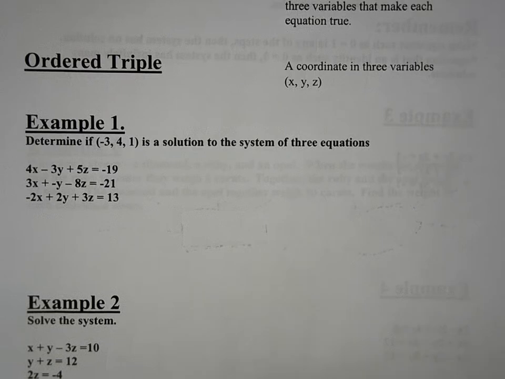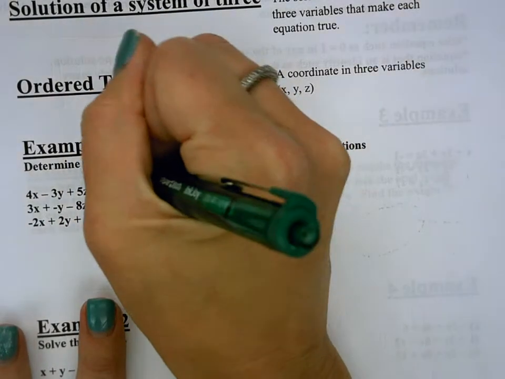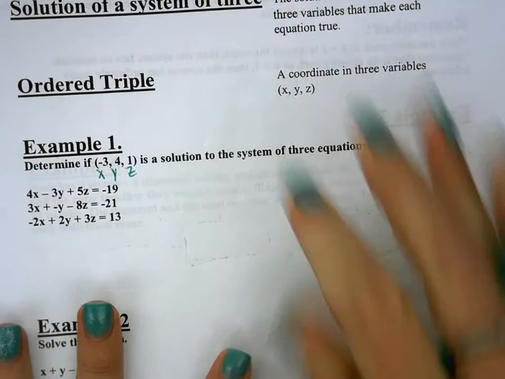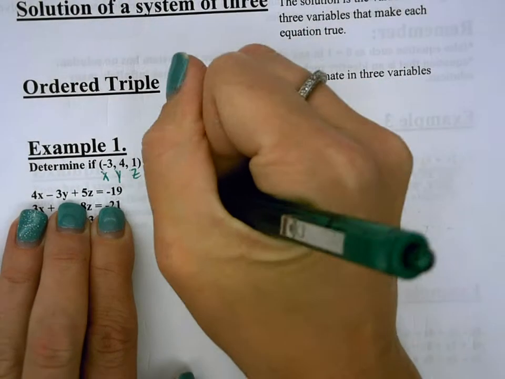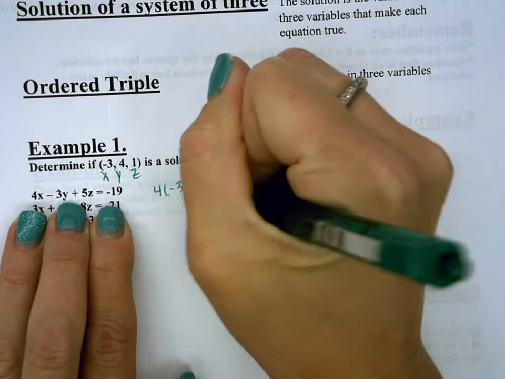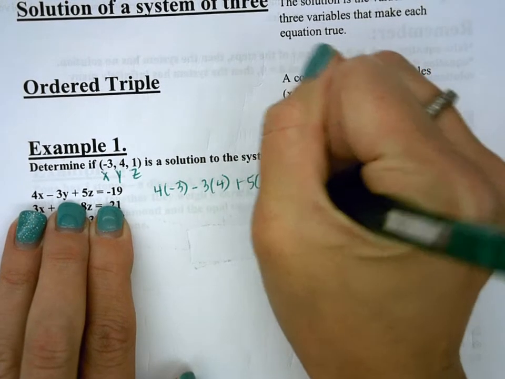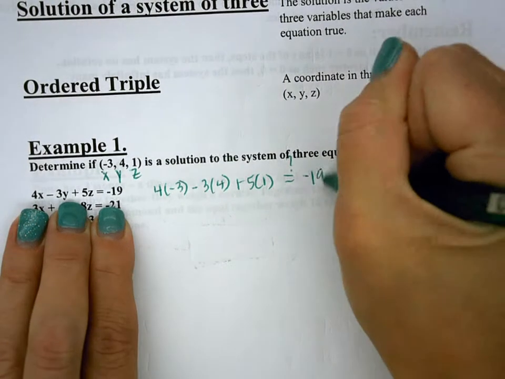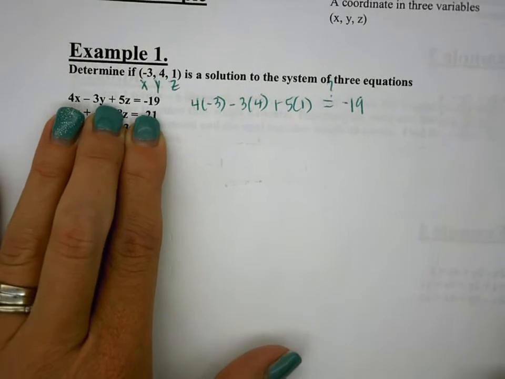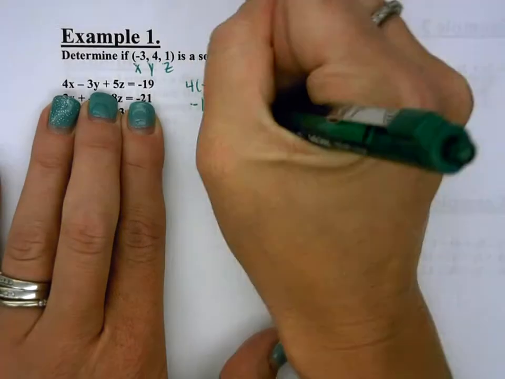The answer is actually false. Okay, so let's check this out. Again, like I told you, it goes X, Y, and then Z. So when I plug these numbers in, and always be careful with negatives, I have 4 times negative 3 minus 3 times 4 plus 5 times 1. And then remember, we're checking to see, does this equal negative 19? So when we go through here, 4 times negative 3 is negative 12.